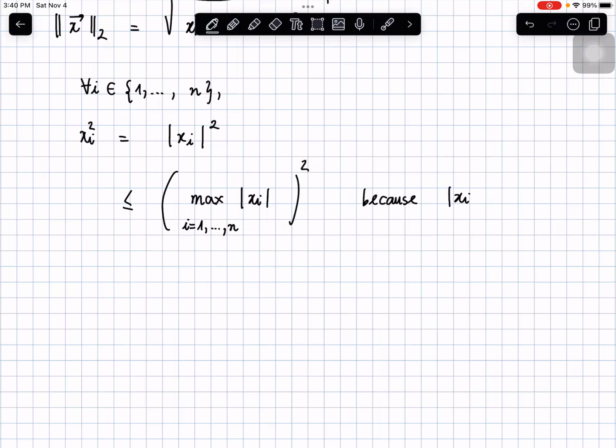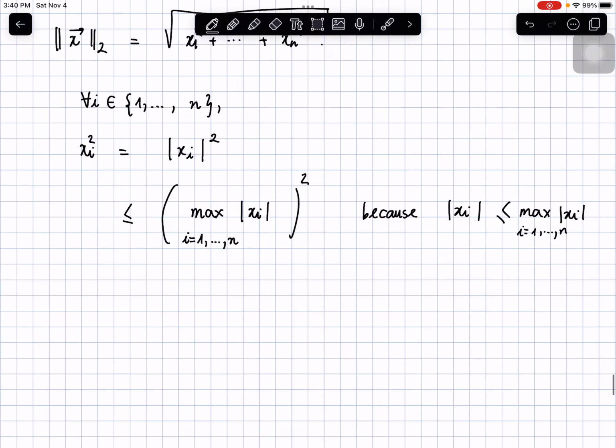Recall that this is true because, first of all, |xi| is less than or equal to the maximum of |xi|. And the second is that both of these numbers are positive.